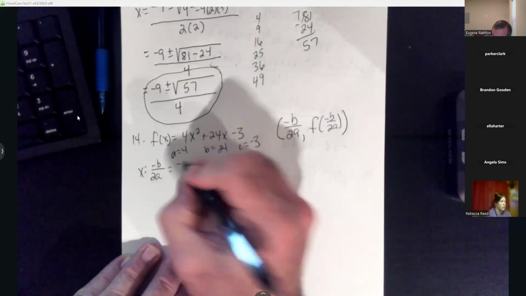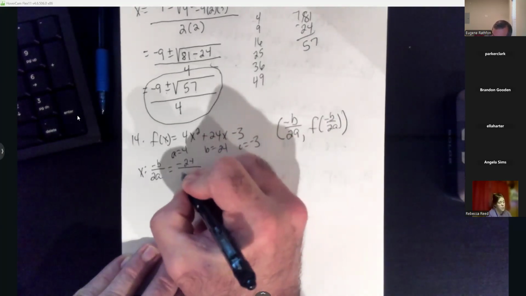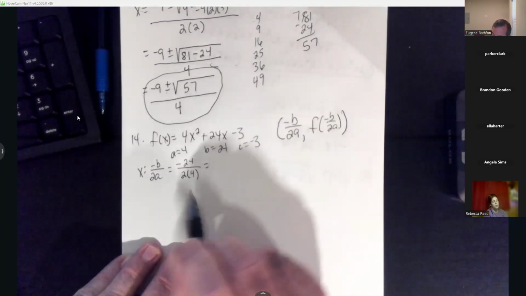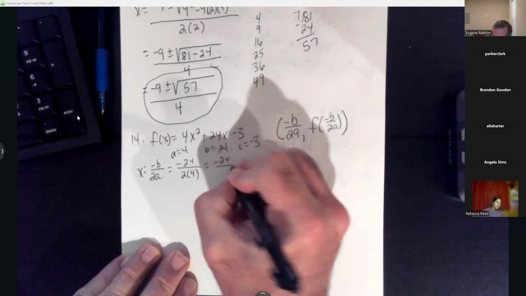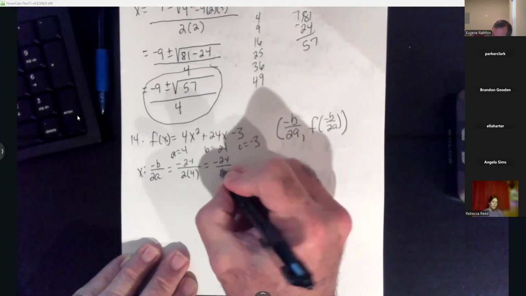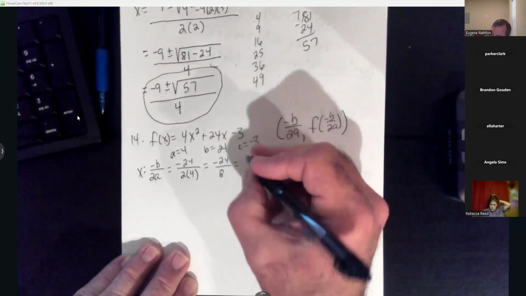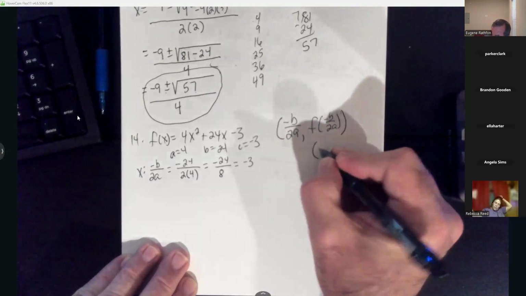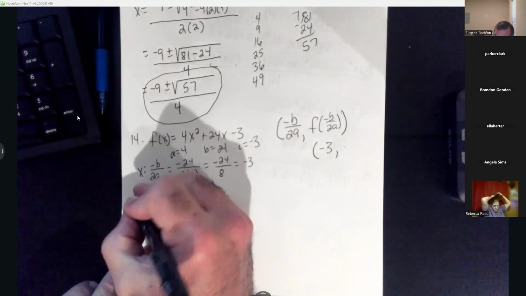That's going to equal a negative times b, which is 24, over 2 times a, which is 4. All right, y'all get a -24 on top. 2 times 4 is 8 on the bottom. And -24 divided by 8 will give me a -3. So no matter what, my x value is -3.